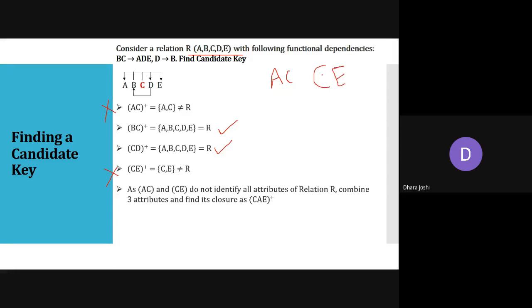So we'll merge these together and try whether these three attributes can combine together and uniquely identify all the values in the table. Identify the closure set of CAE or ACE. Reply here in the chat box.